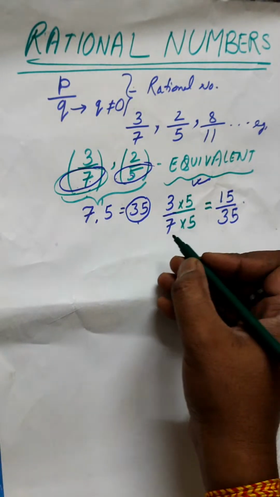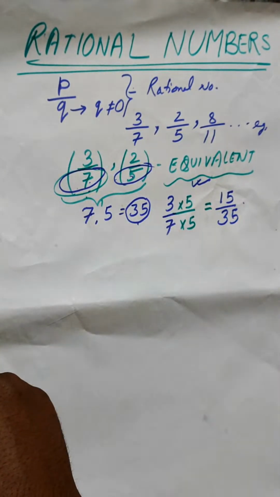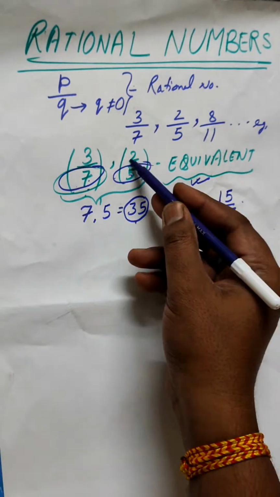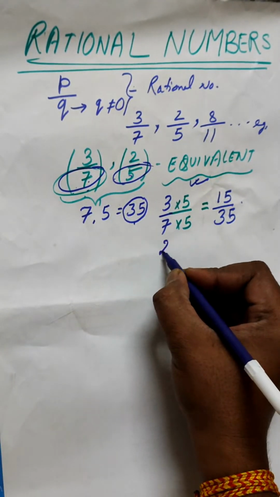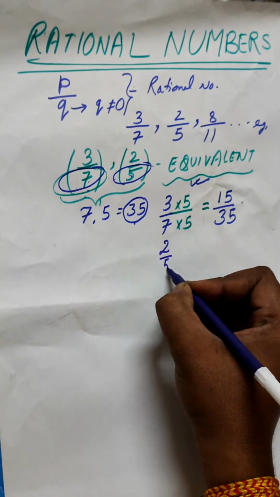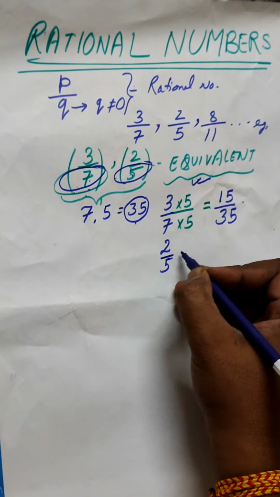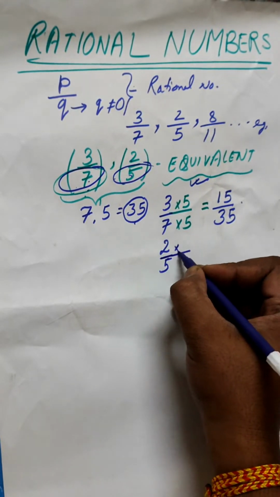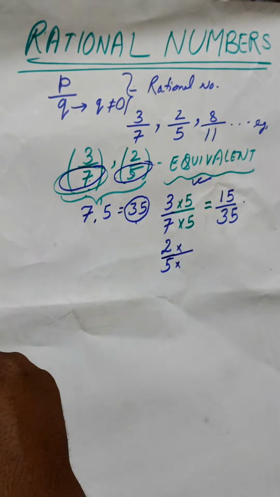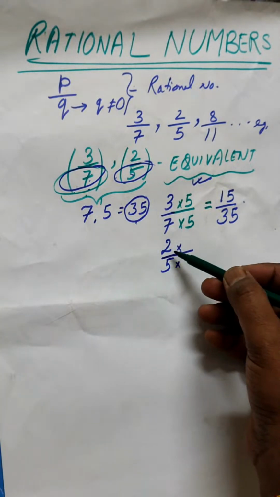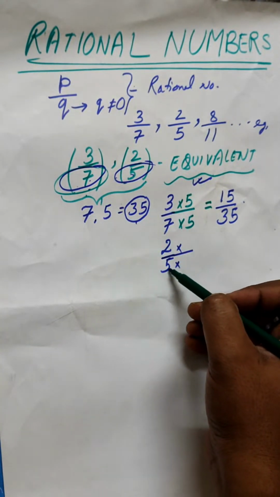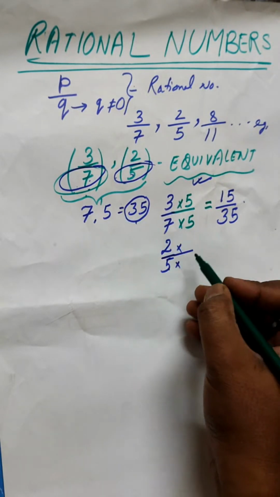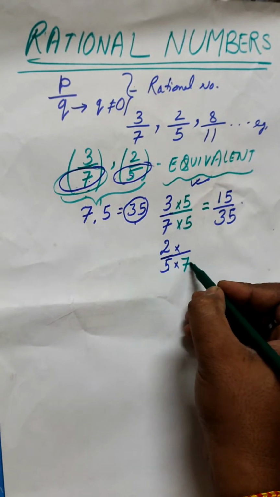Similarly, the second rational number is 2 by 5. We are just learning comparison of rational numbers, okay? So for 2 by 5, to convert the denominator 5 into 35, you need to multiply it by 7, right?